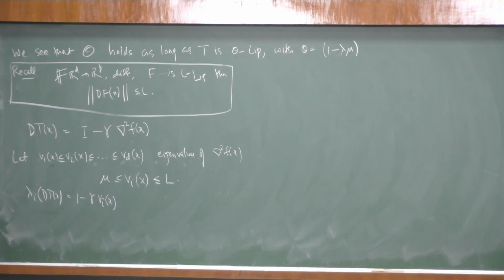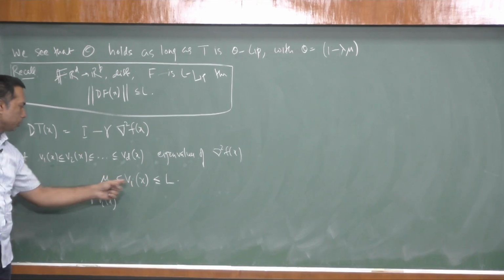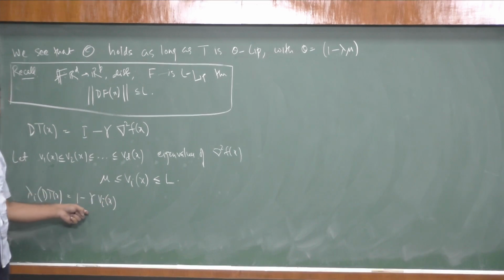Can you say something about the bounds of these eigenvalues of dt? If the vi's lie in the range mu to L, what about lambda_i of dt(x)? It's a simple inequality, right?